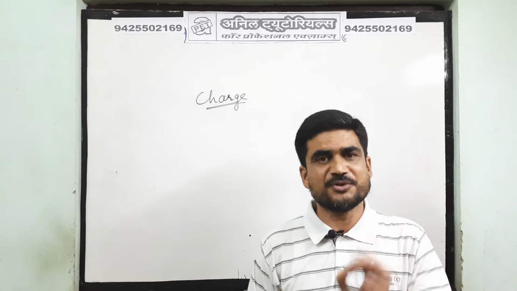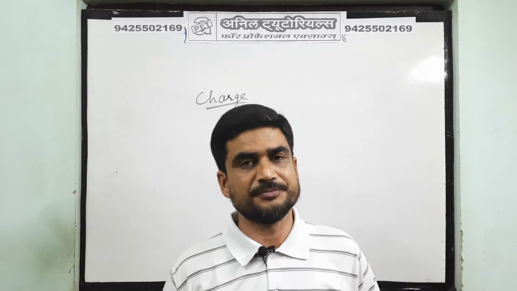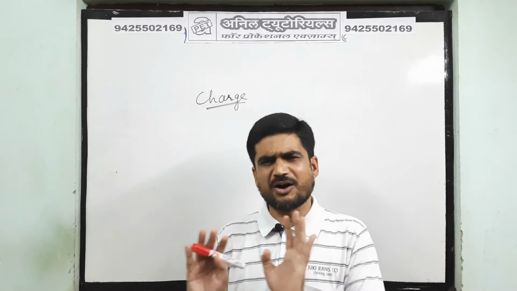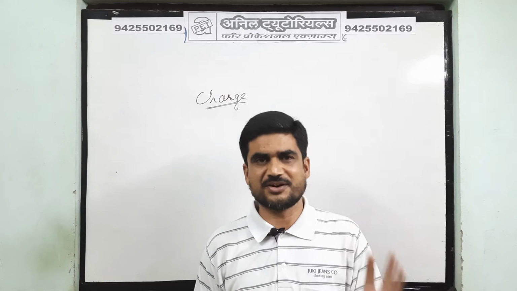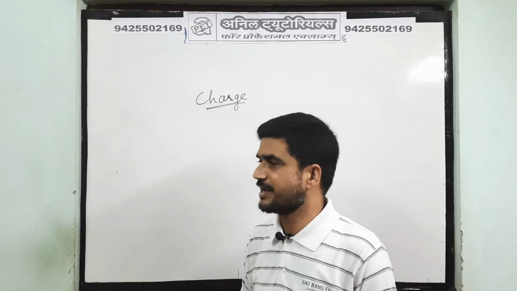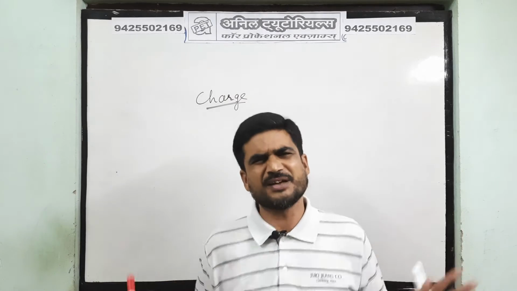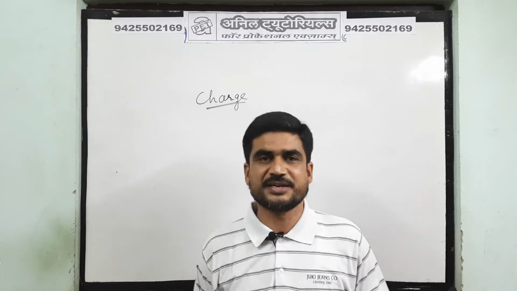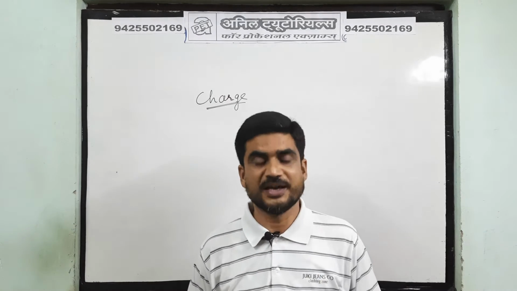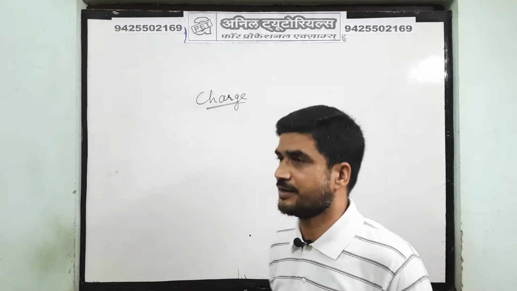Clear? One more theory is given, that is called the atomic theory of charge. You know all the substances, whether solid, liquid, gas, ये पेन है मेरे हाथ में, ये दूसरी पेन है, ये बोर्ड है, मेरी शर्ट है, ये पानी का गिलास है, everything is made of molecules, हर चीज molecules से बना है.